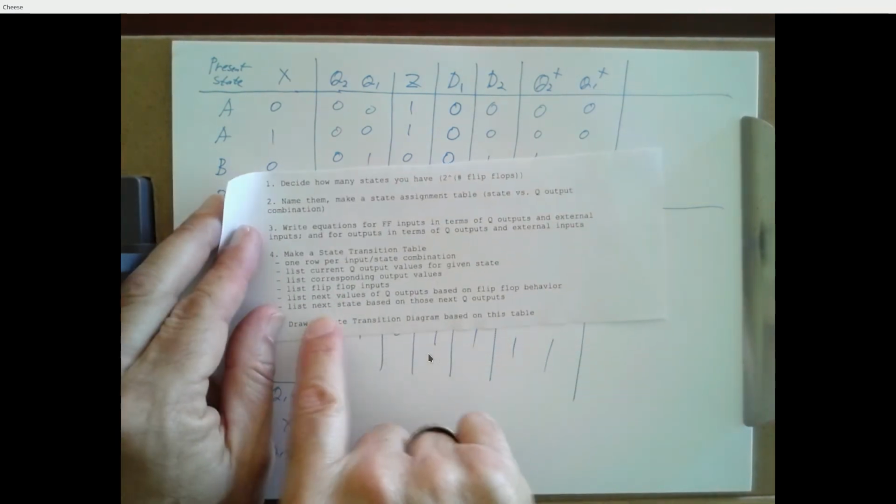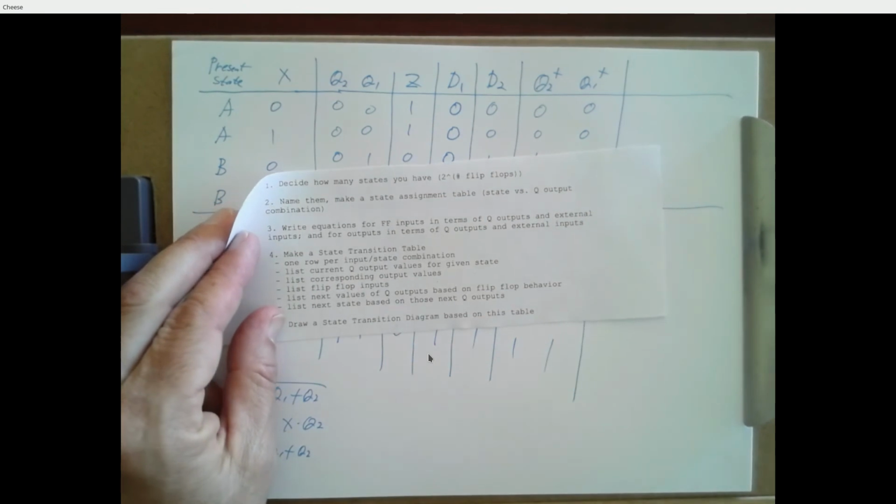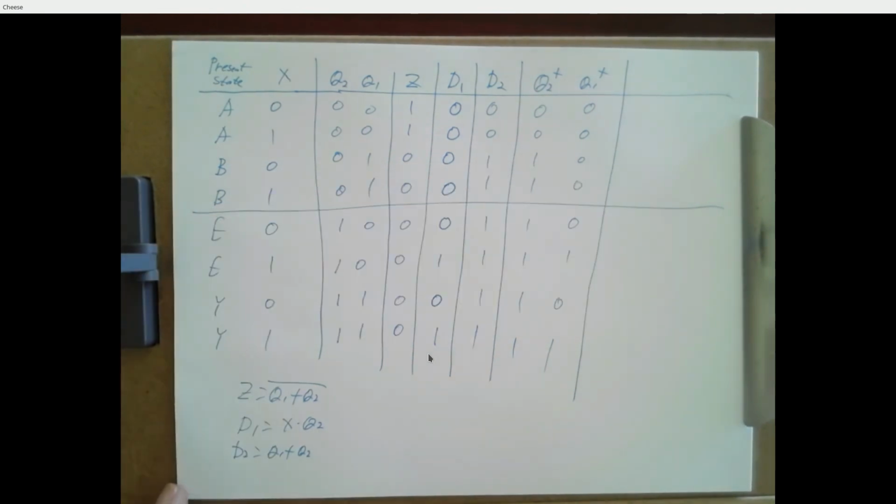The last step, list the next state based on those outputs. So one more time, back to your state transition table, your state assignment table.